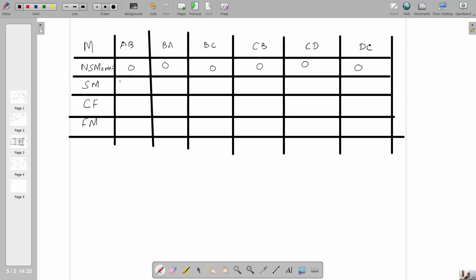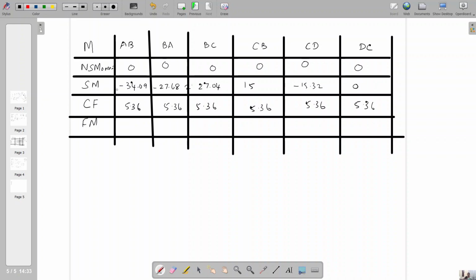Next one, sway moment, we have already calculated: minus 34.09, minus 27.68, 27.04 and 15, minus 15.32 and 0. Correction factor is the same for all members, so we can add this column.